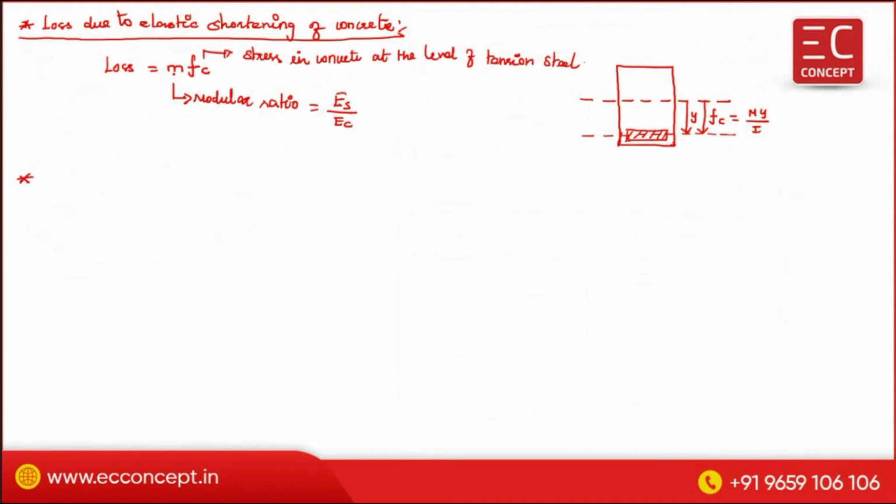Next one is loss due to creep of concrete, which is finally written as loss equal to theta into m into fc.